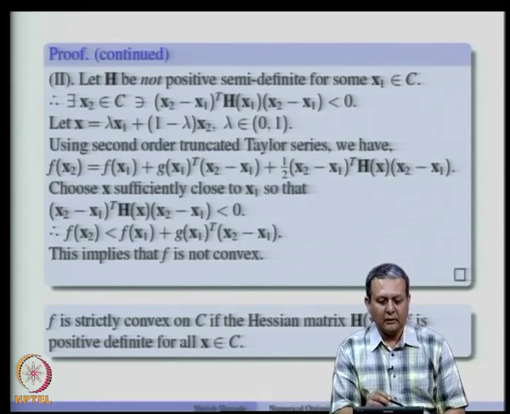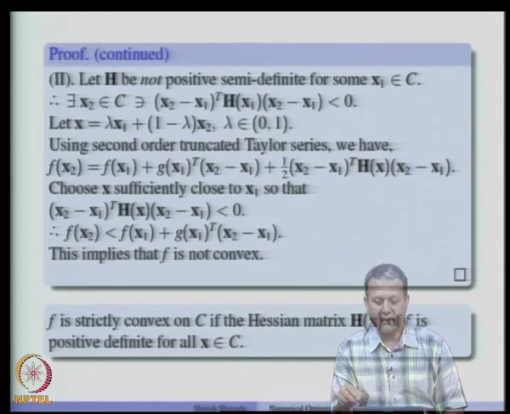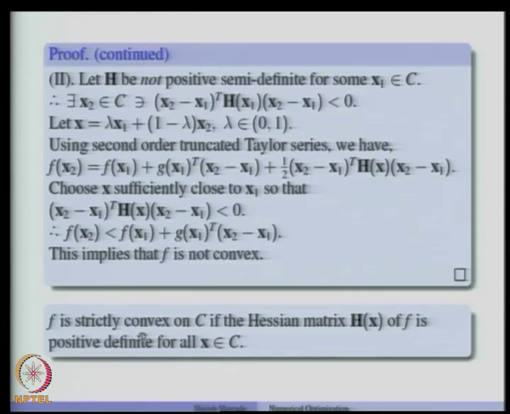Now, we can have one more result which says that f is strictly convex on C if the Hessian matrix H(x) of f is positive definite for all x belonging to the set C. Now, the proof of this result goes along similar lines, so we will not prove this. So, remember that f is convex on C if and only if the Hessian matrix of f at any x is positive semi-definite, while if the Hessian matrix is strictly positive definite, then f is strictly convex.